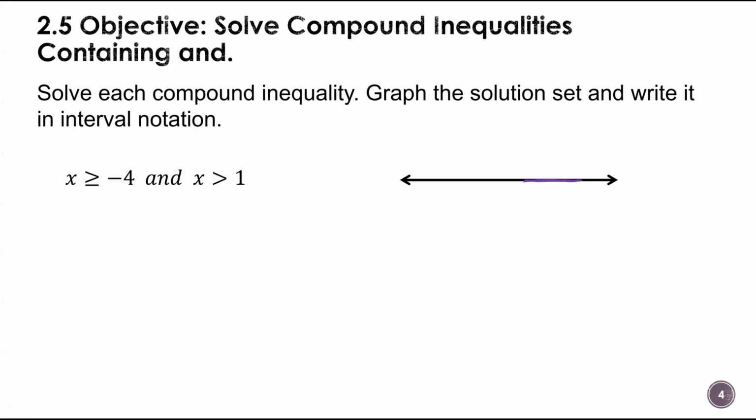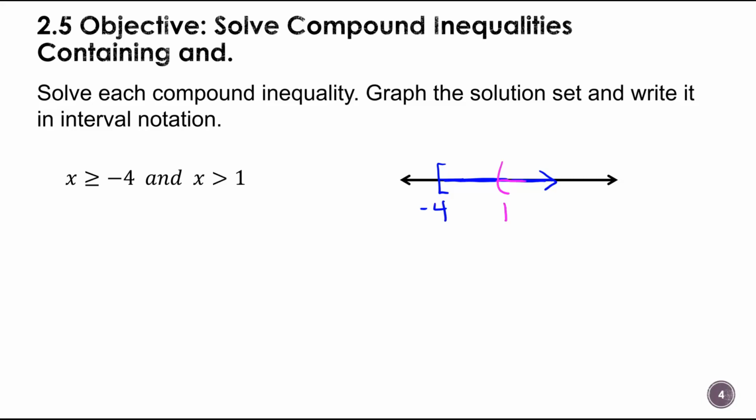We don't need to solve on this one either. We just need to figure out what's happening here. So if we put this on the graph, we're going to have greater than or equal to -4, and x is greater than 1.